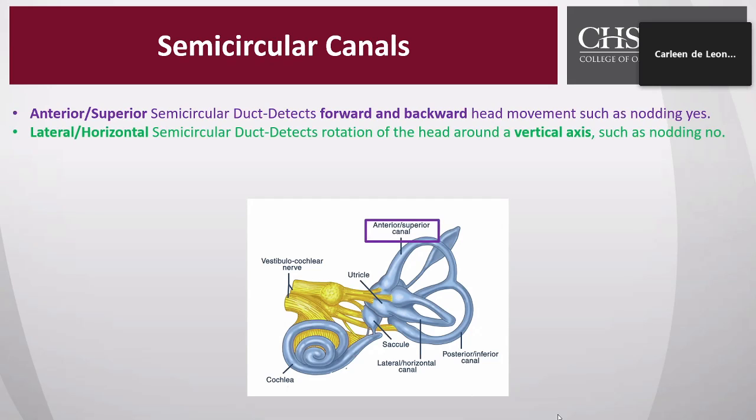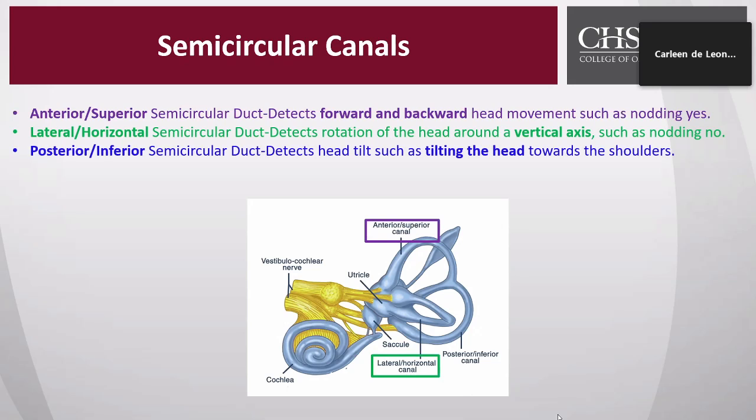The lateral semicircular duct detects rotation of the head around a vertical axis, so that's nodding no. And the posterior or inferior semicircular duct detects when you tilt your head towards your shoulders. Those are very great to know.